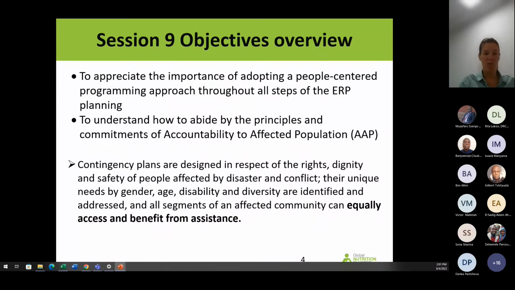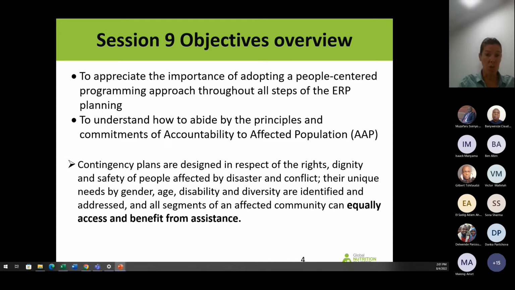So this is really for you and your partners, very importantly, to appreciate how important it is to adopt a more people-centered programming approach throughout all steps of the ERP planning, and to understand that it's key to abide by the principles and commitments of accountability to affected population.